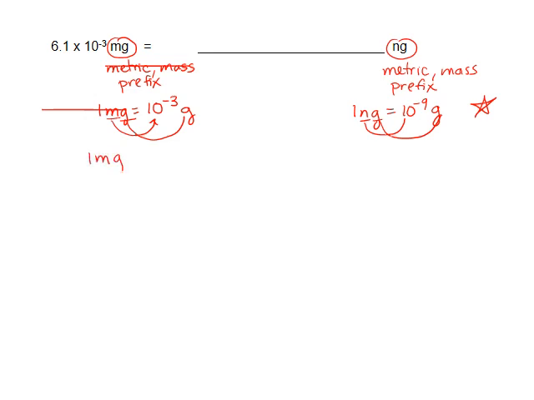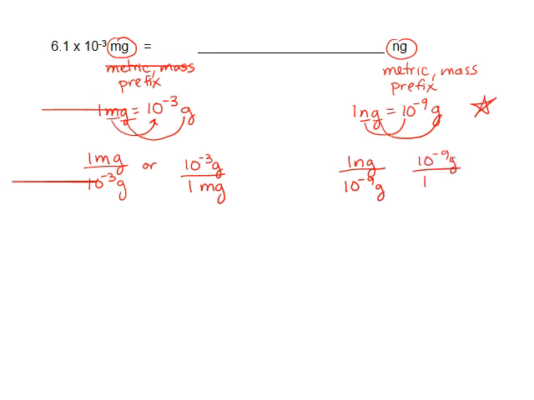We write 1 milligram over 10 to the minus 3 grams, or the opposite direction, with the 1 milligram on the bottom and the 10 to the minus 3 grams on the top. Similarly, for the other equality, we have 1 nanogram over 10 to the minus 9 grams, or 10 to the minus 9 grams over 1 nanogram.